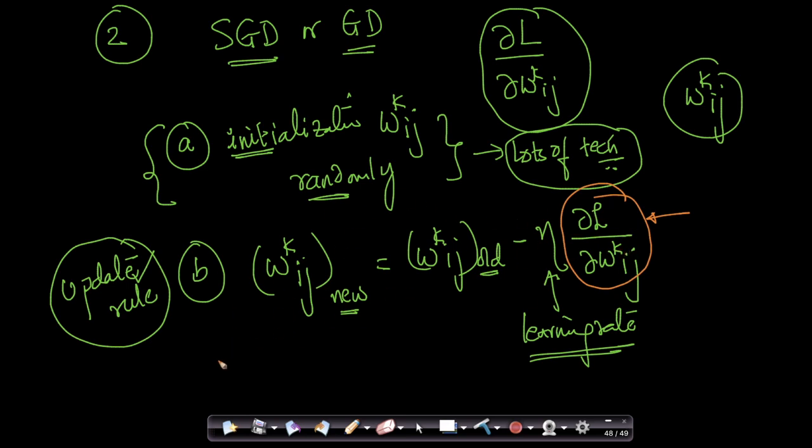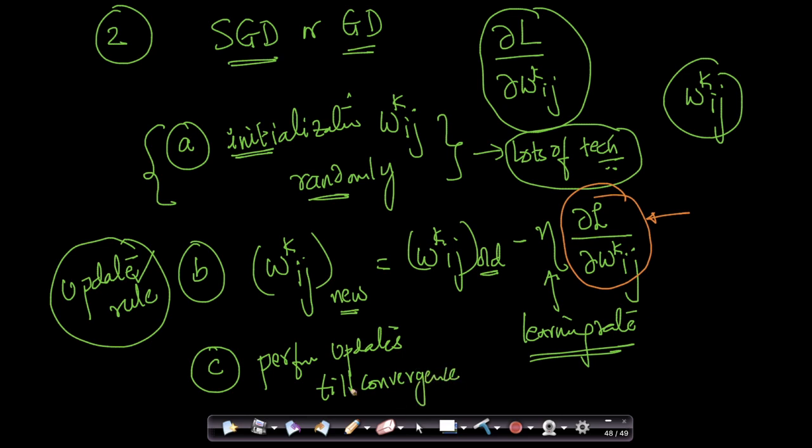And you'll keep updating. So the next step is to do step 2, perform updates till convergence. And as we learned earlier, what does convergence mean? Convergence basically means you keep changing your Wkij till the old and new values are very, very close.